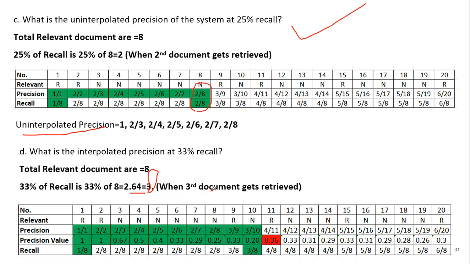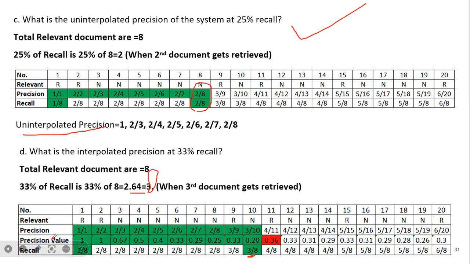Now when the third document gets retrieved, when we take the interpolated precision at that time, either we can take that recall rate and the next recall rate and take the maximum value, or we take all the next retrievals and pick the maximum value.